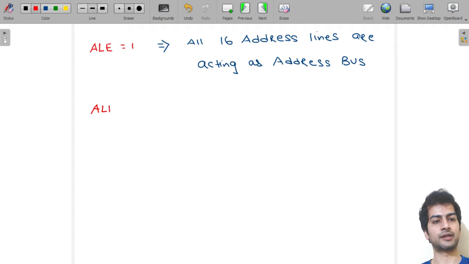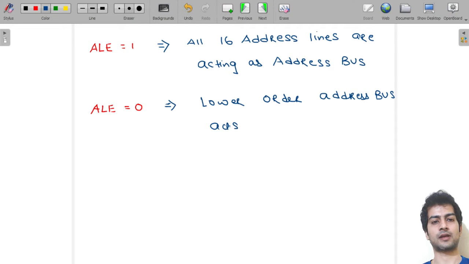And now if ALE pin is 0, or ALE is de-energized, then lower order address bus acts as a data bus.